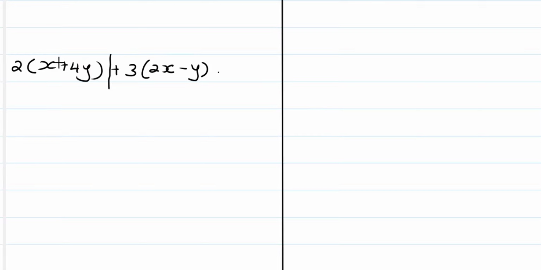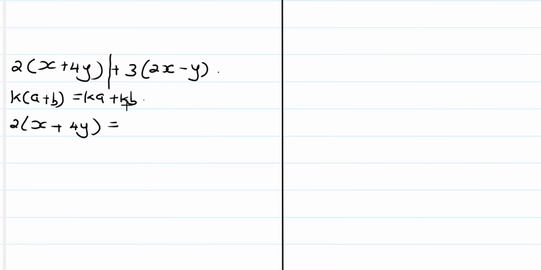And as you can see, in the left side, we can apply our concept where we said k into a plus b becomes ka plus kb, like that. So 2 takes on the place of k into x takes on the place of a plus then 4y takes on the place of b.